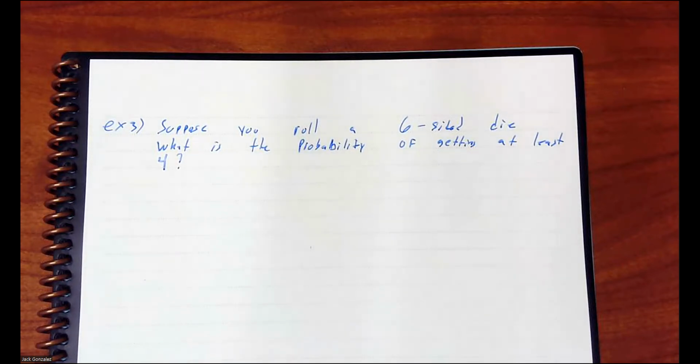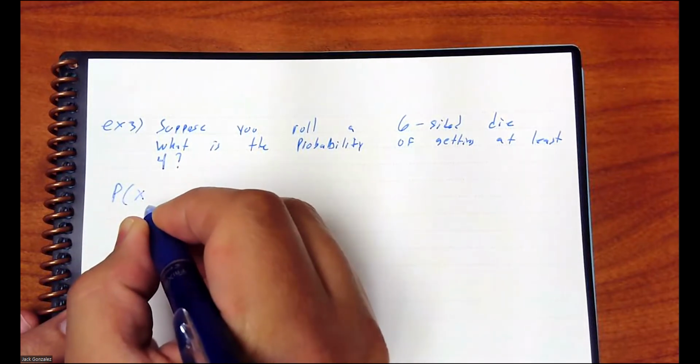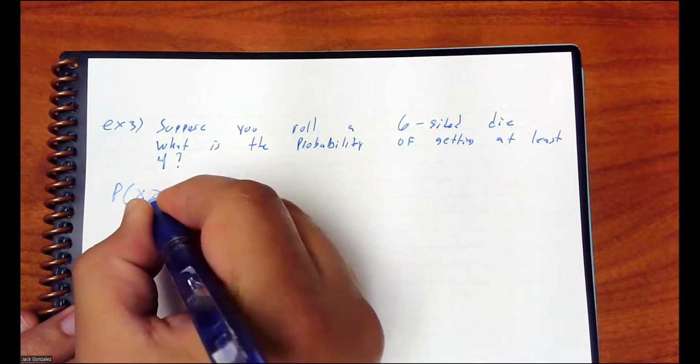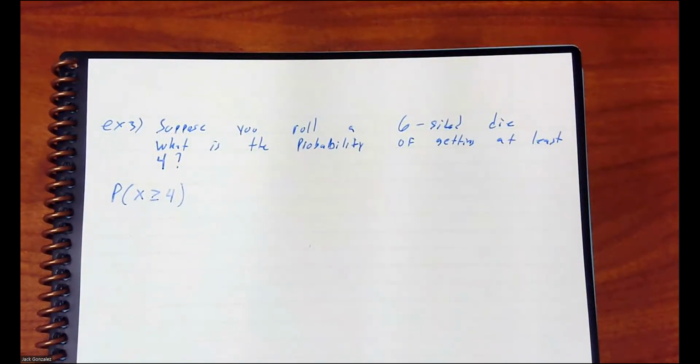What does at least mean? 4 and above. So this question is actually saying, what is the probability that x, the outcome, is greater than or equal to 4? Does that make sense? Whenever you hear at least 4, it means 4 or more. If you hear at most, then it'd be 4 or less.